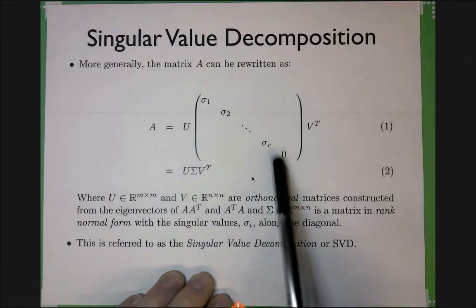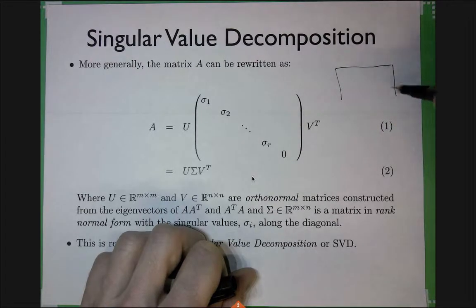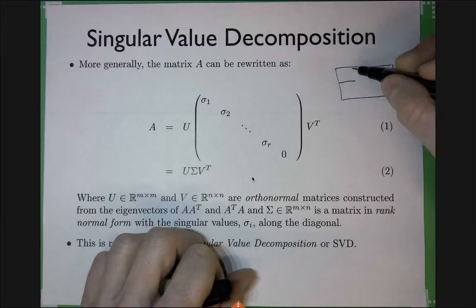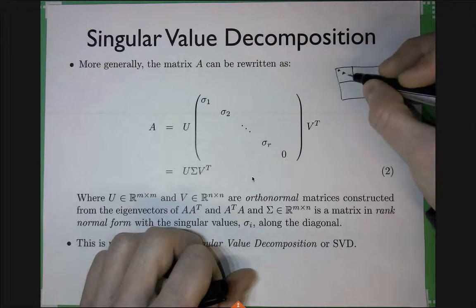It's in the rank normal form, so here is like a square. Maybe it's better to do this picture again. Here is the only square that's non-zero, everywhere else is zeros, and this is a diagonal matrix.